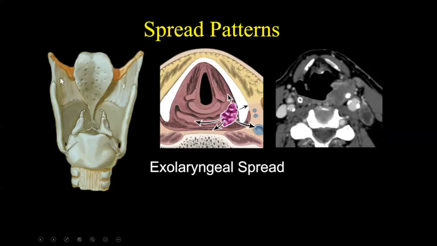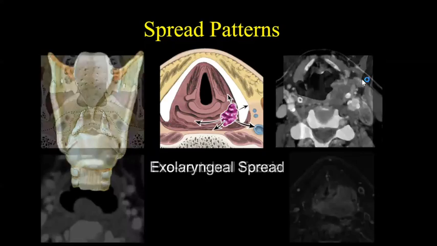There's a natural defect in the thyrohyoid membrane that allows a superior laryngeal neurovascular bundle to extend through the thyrohyoid membrane. This natural defect acts as an area of egress for tumors to extend outside, and this is an example of early exolaryngeal spread of a piriform sinus carcinoma extending through this small natural defect in the thyrohyoid membrane. This is oftentimes clinically occult, but does need to be mentioned.